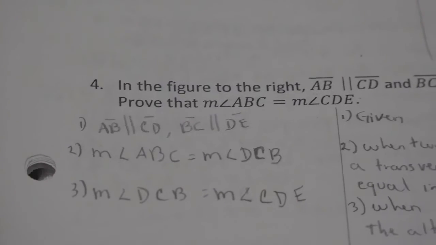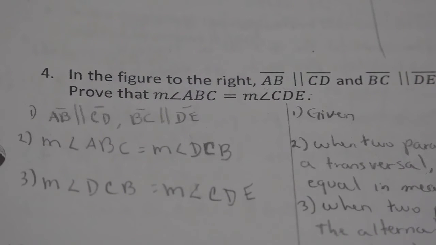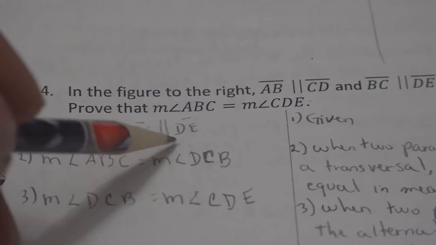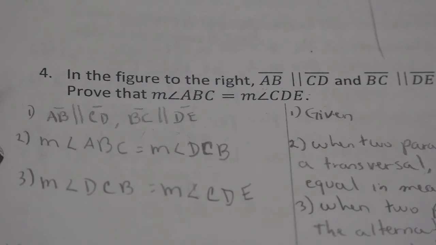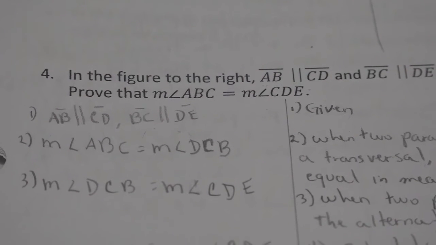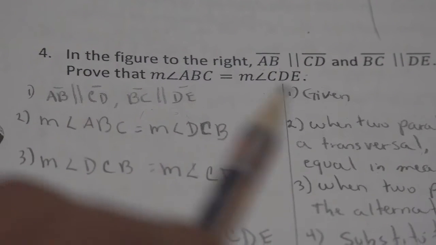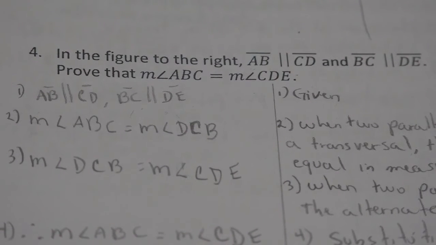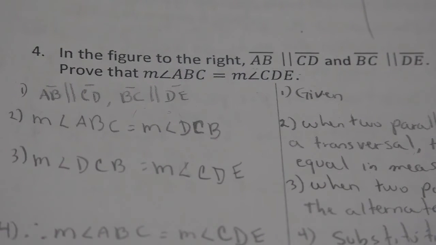So the first thing that you write is the given. They told us that these two lines are parallel and that these two lines are parallel, right? Okay, perfect. So now, my first statement is that, and the reason will be given, because it was given to me. Now, my second statement will be the following.